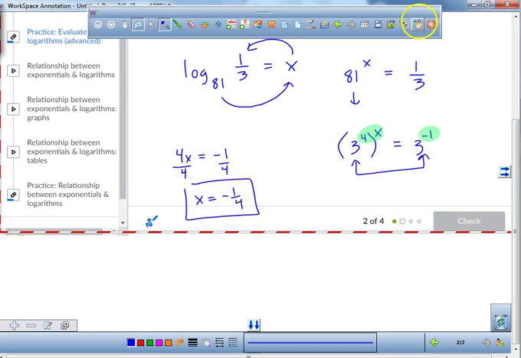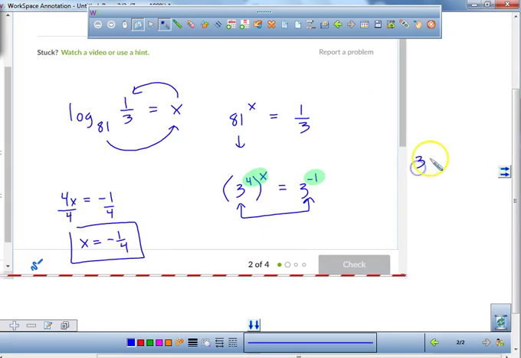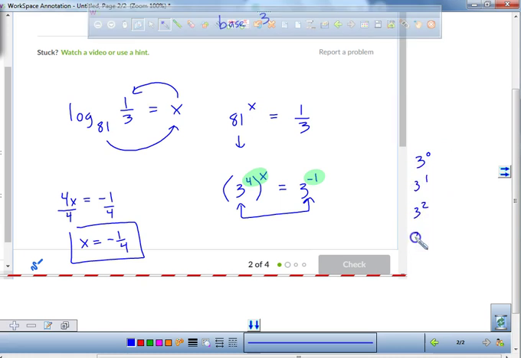Now, some of you may be watching this video like, what chart is he referring to? This is so confusing. Well, I'll make an example of just base 3. 3 to the 0, 3 to the first, 3 squared, 3 cubed, 3 to the fourth. If you're one of my students, in your journal, you would be asked to write a chart, and you'd be all frustrated. 3 to the 0 is 1, 3 to the power of 1 is 3, 3 squared is 9, 3 cubed is 27, 3 to the power of 4 is 81.